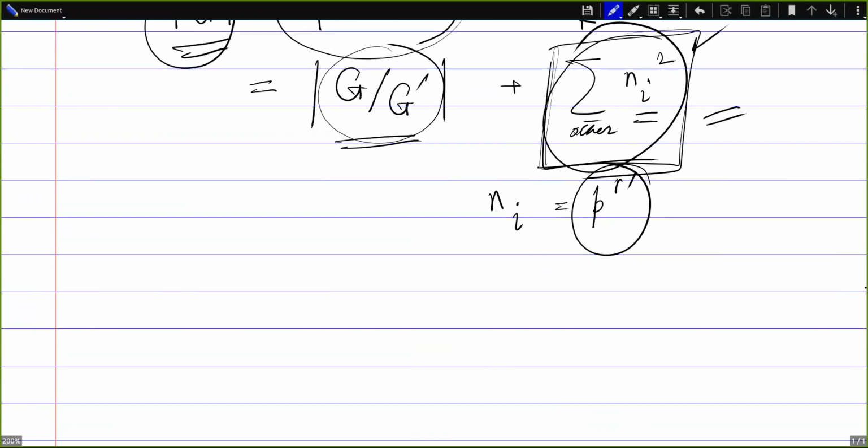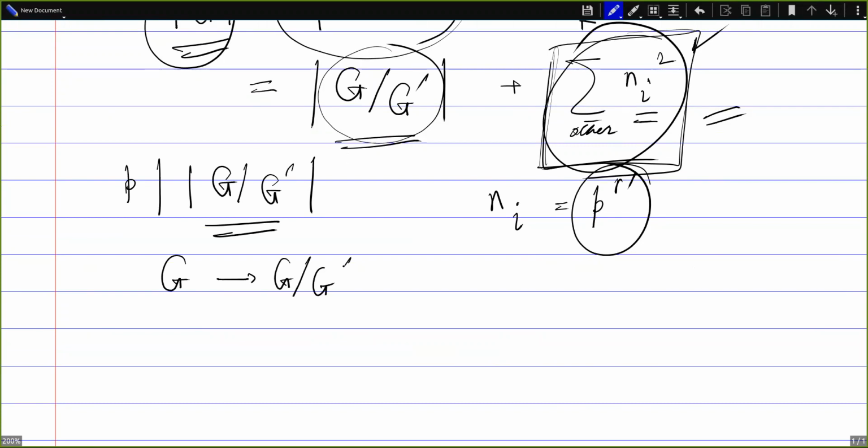Now it is quite clear that since P divides the order of this abelian group, there will be a subgroup here having index P, and once we pull that back to G using this quotient map, we get a normal subgroup, because under an onto homomorphism, a normal subgroup of the image pulls back to a normal subgroup of G containing the kernel, that is, containing G prime.